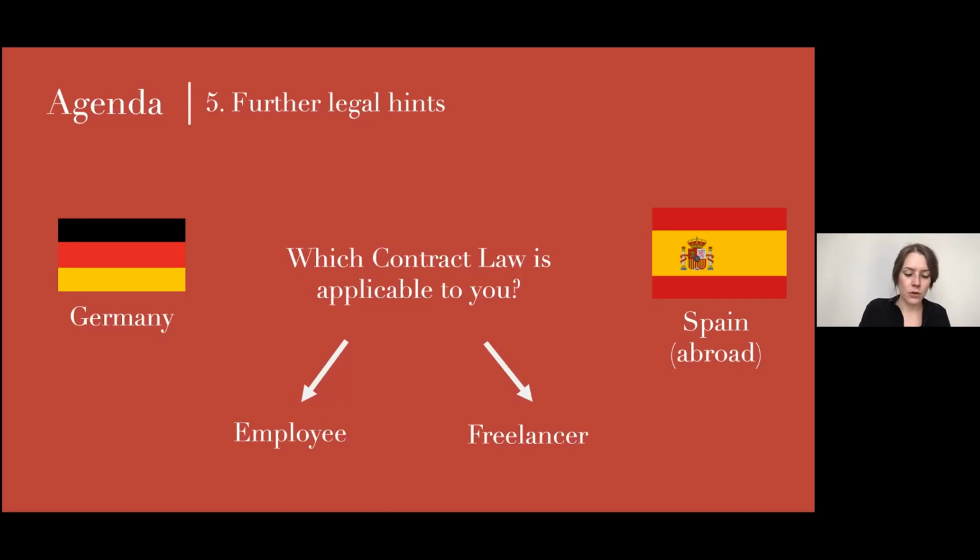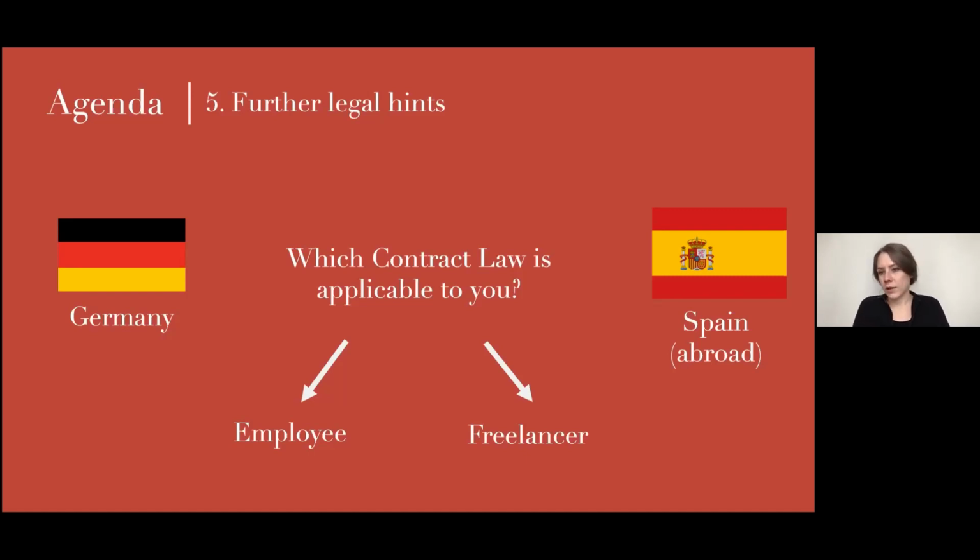And another rule according to EU law is, if the applicable law cannot be determined, the contract shall be governed by the law of the country in which the establishment which engaged the employee is located. That means, in that case, Germany, because your German firm is based in Germany.